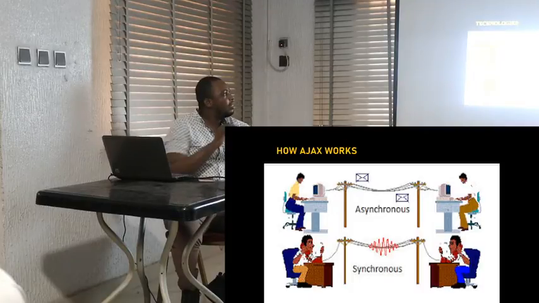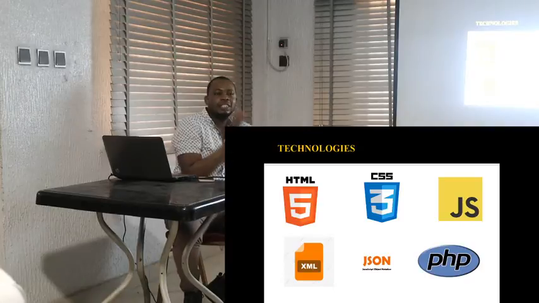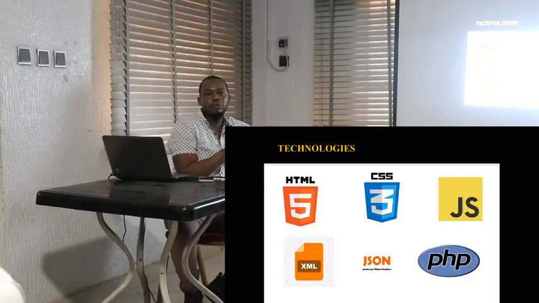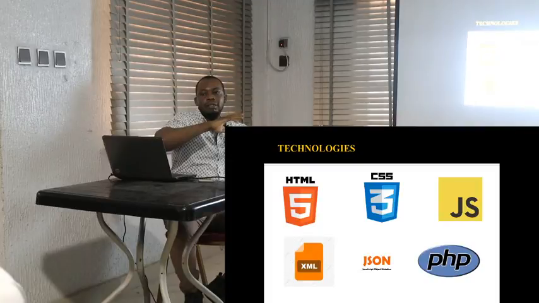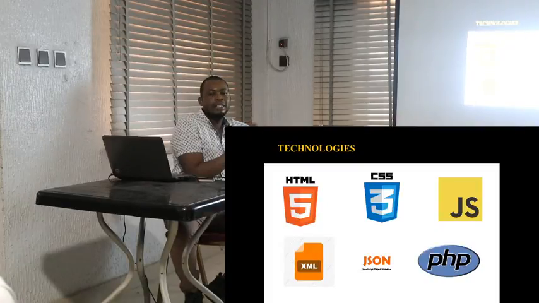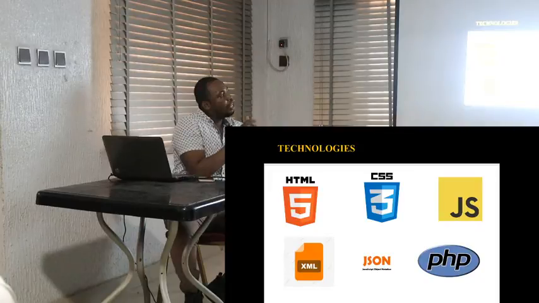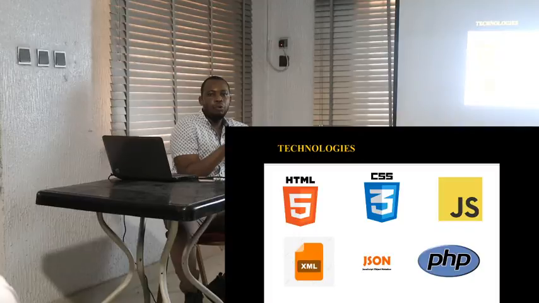Then these are the technologies used by Ajax. HTML, hypertext markup language, is a markup language to structure your web page, how you want it to feel: your header, your footer, your page contents. Then CSS, we style it up. HTML and CSS are used for the client side, what you see.